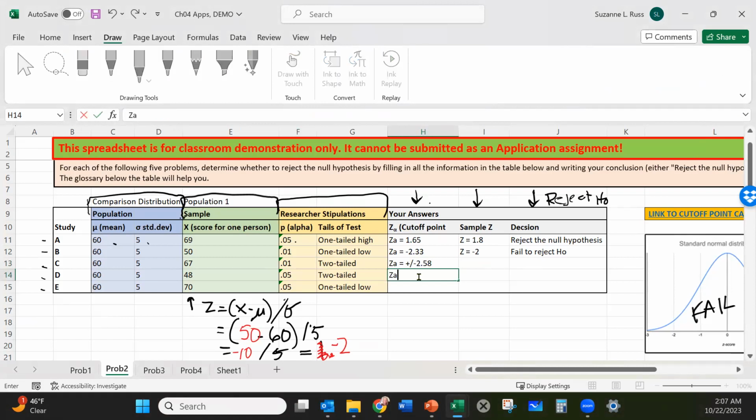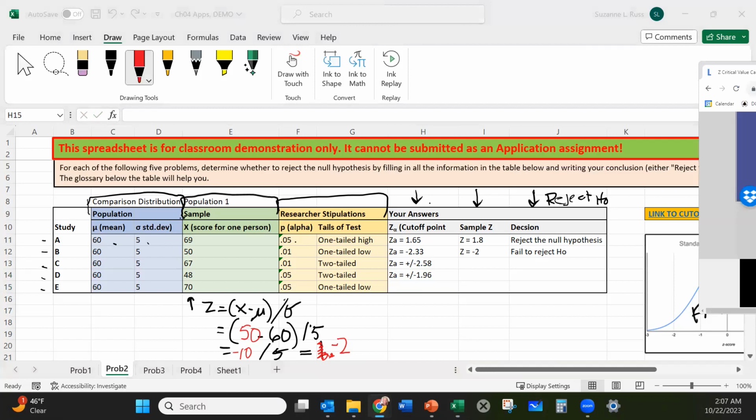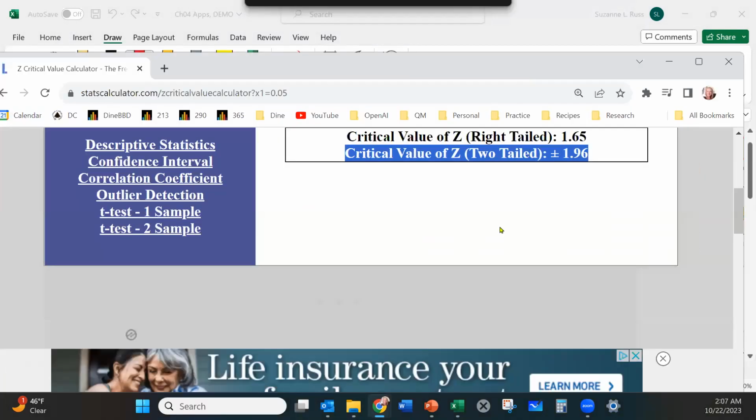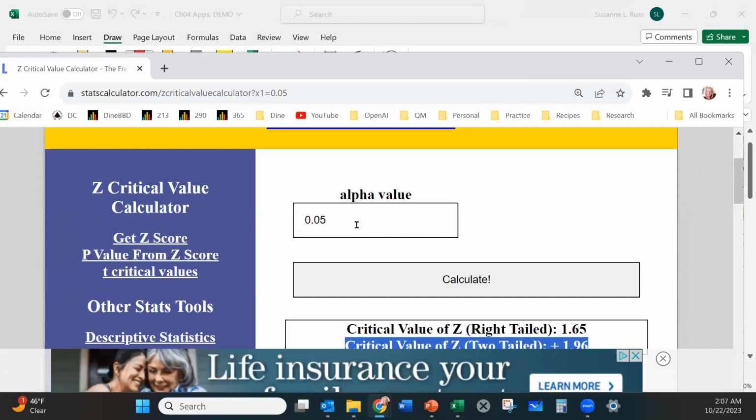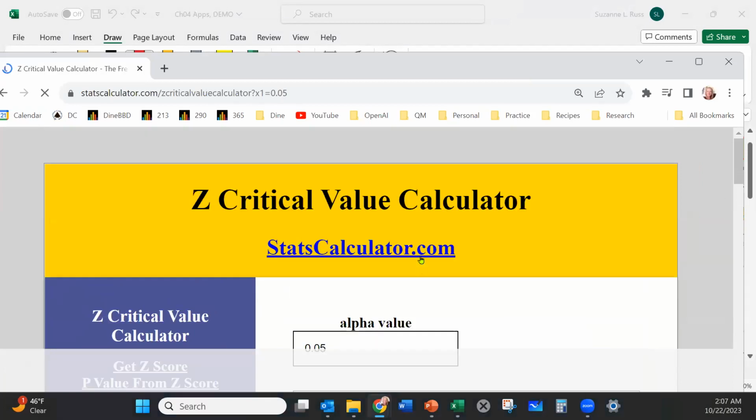Z alpha for a two-tailed test with a 0.05 cutoff is plus or minus 1.96. And let's look up the last Z alpha too, just so we have this part of our job done. It's a one-tailed low using cutoff of 0.05. I see the 0.05 here. I'll hit calculate just in case.